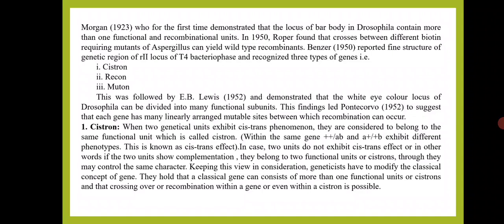This finding led Pontecorvo in 1952 to suggest that each gene has linearly arranged mutable sites between which recombination can occur.